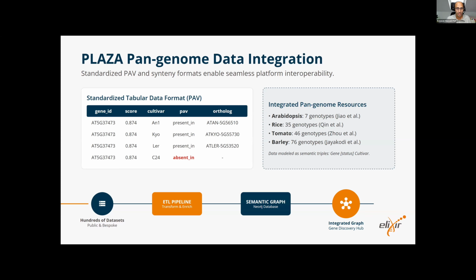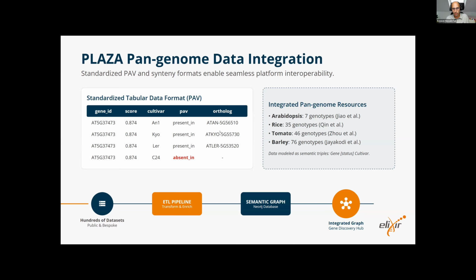And that could be as simple as just a table. So we've got gene IDs, we've got the synteny scores. For every gene, we record in which cultivar it is present or absent. So this gene is present in AN1 and is absent in the cultivar C24. And the representative orthologous gene ID would be part of another column.